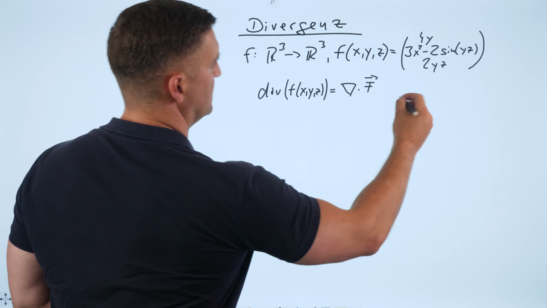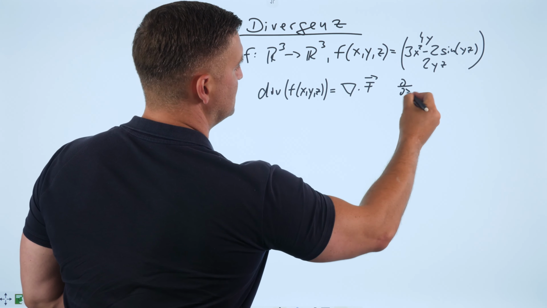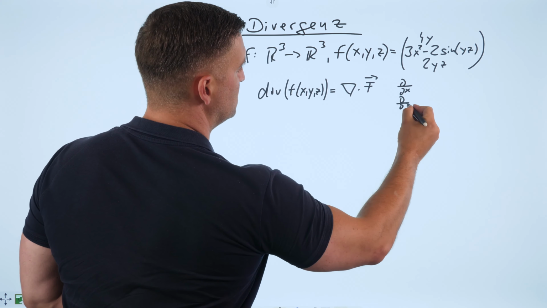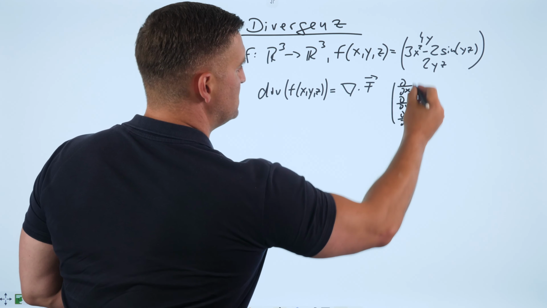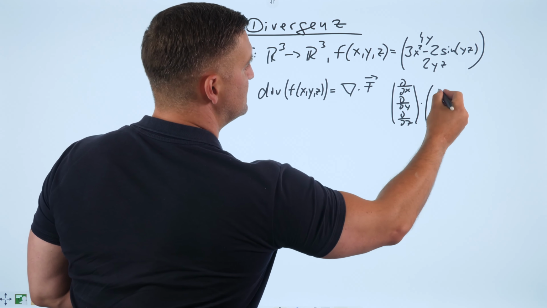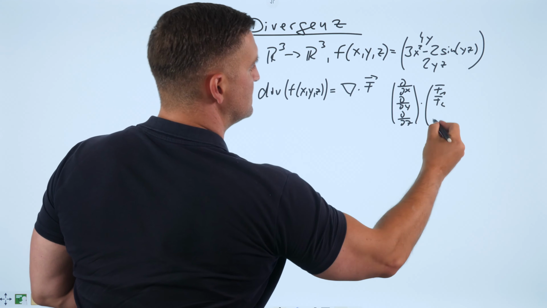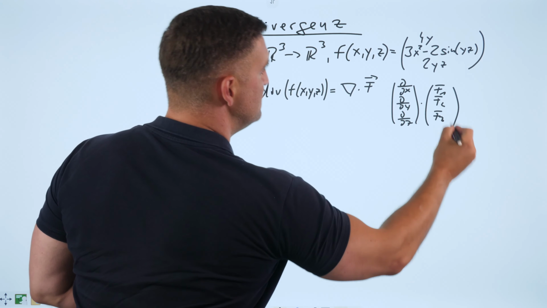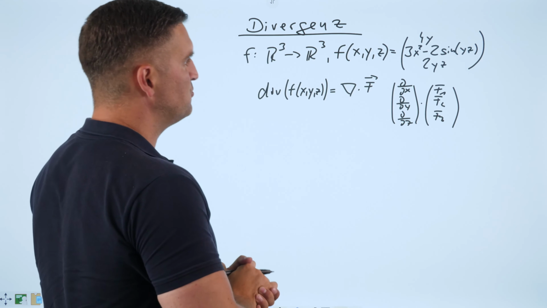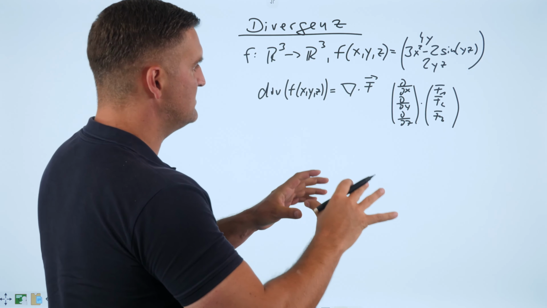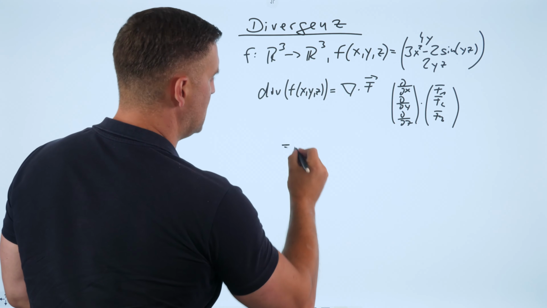Here, the derivative operator consists of the partial derivative with respect to x, partial derivative with respect to y, partial derivative with respect to z, and then multiplied by f1, f2, and f3. And the result, yes, a scalar product, is then a value that results from here accordingly.